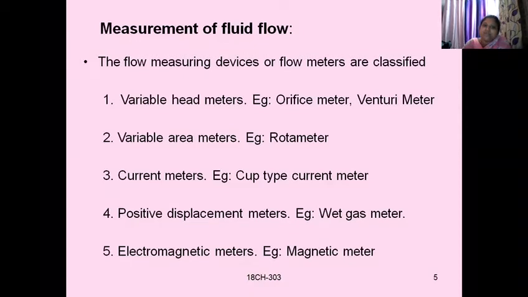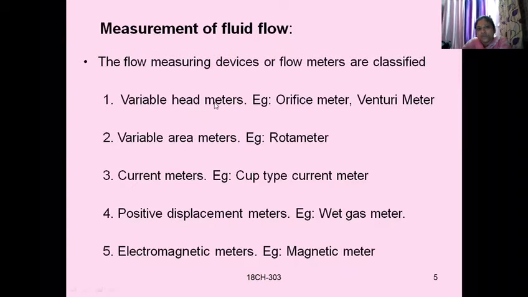In current meters, we have the cup type current meter. In positive displacement meters, we have the wet gas meter. And in electromagnetic meters, we have magnetic meters. Mainly we'll study variable head meters and variable area meters, as our syllabus covers these two types, which are very important to us.